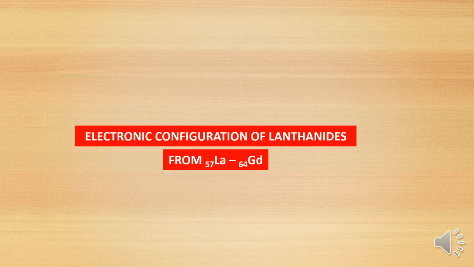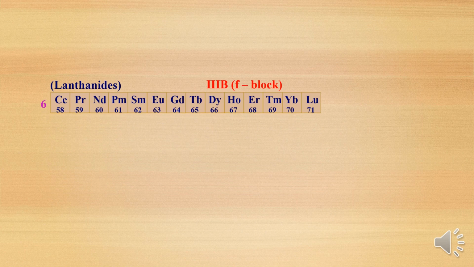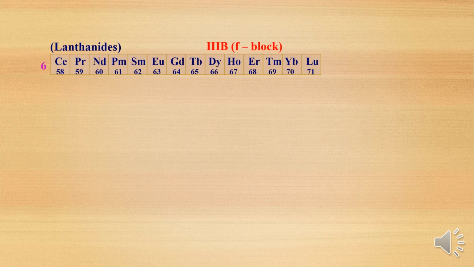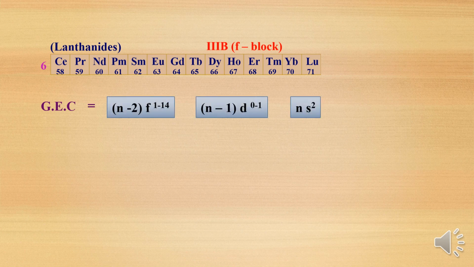Next we will go through the electronic configuration of lanthanides, that is the lanthanide series, the 4f series, lanthanum to gadolinium. The lanthanide series, atomic number 58 to 71, is in the sixth period. The general electronic configuration of these lanthanides is (n-2)f1 to 14, (n-1)d0 to 1 and ns2.